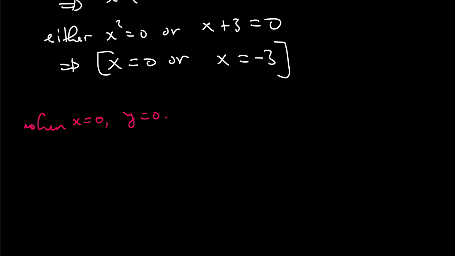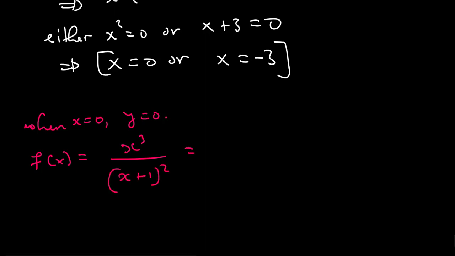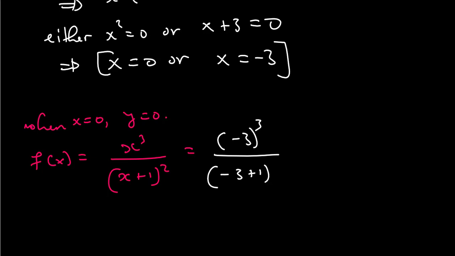Now for x equal to -3, remember our function f of x is x cubed divided by x plus 1 all of that squared. So when x is -3, we get -3 all of that cube divided by -3 plus 1 all of that squared. So 3 cubed gives 27, so we get -27 divided by -3 plus 1 is -2, all squared, 4.